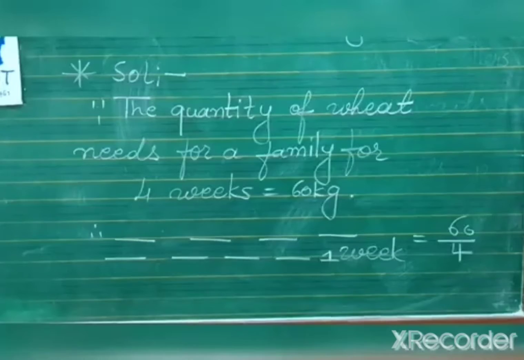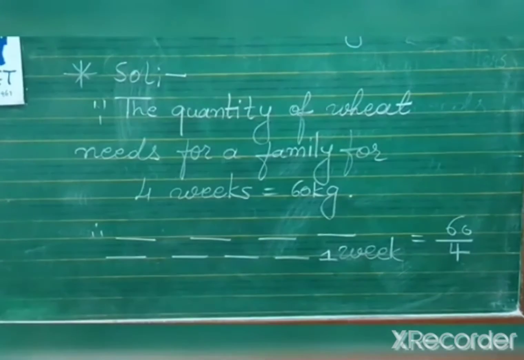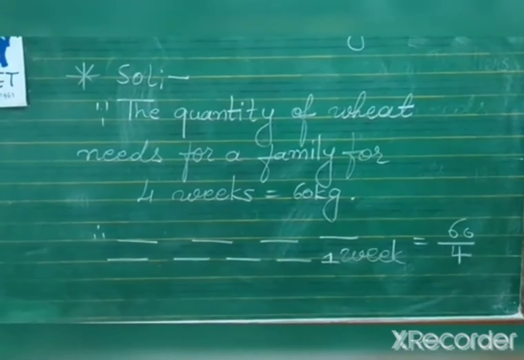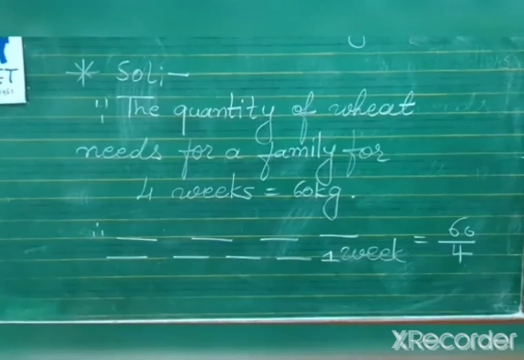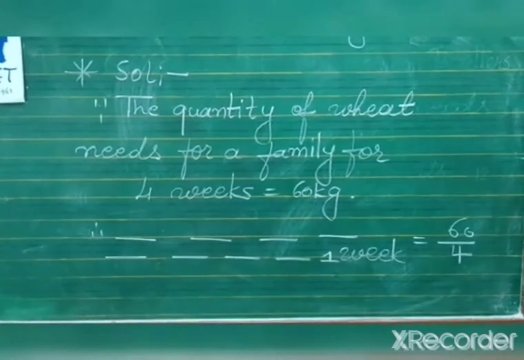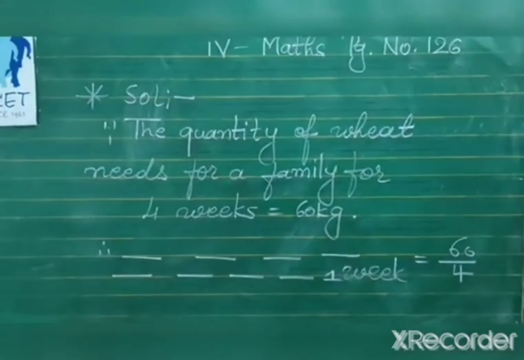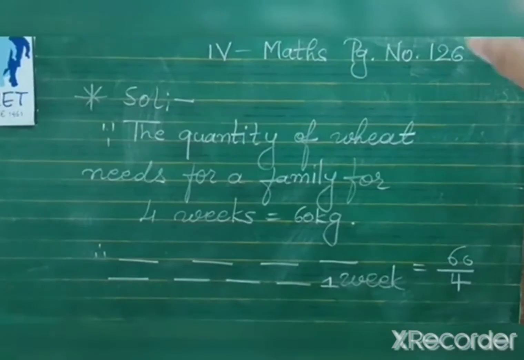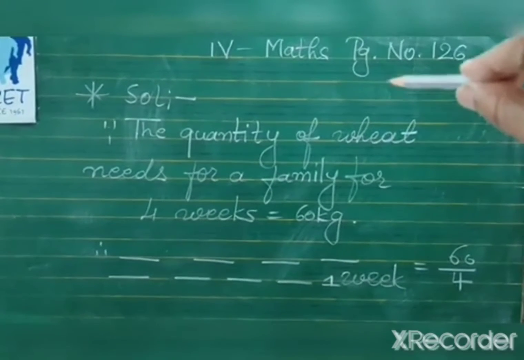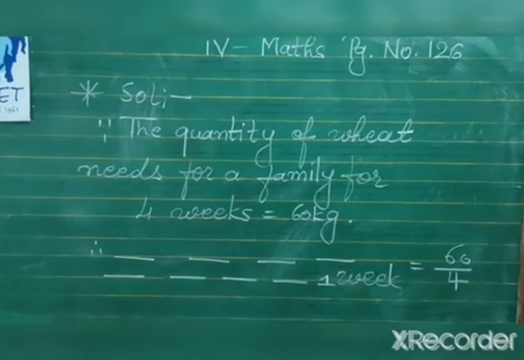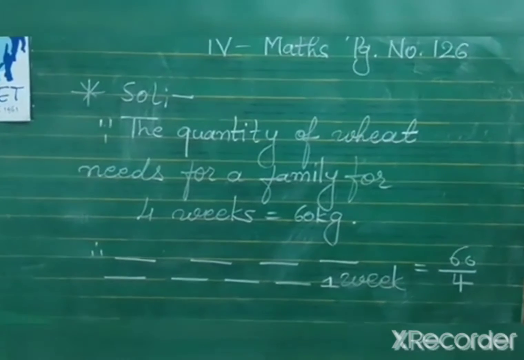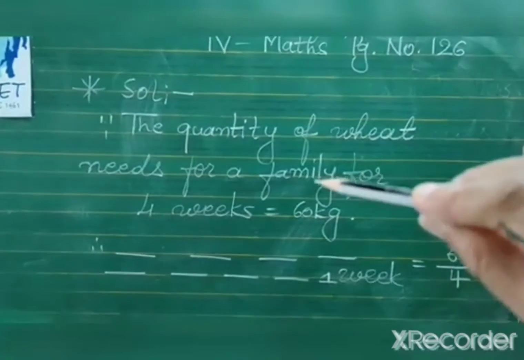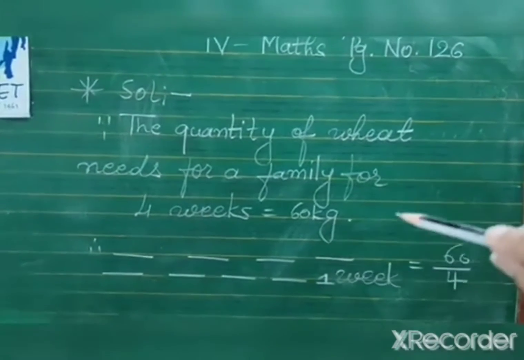Now you can see the quantity of wheat needed for a family for 4 weeks, because you will write in the statement form on the top of the solution. 4 weeks form a month. Then you will write the quantity of wheat needed for a family for 4 weeks, 60 kg.